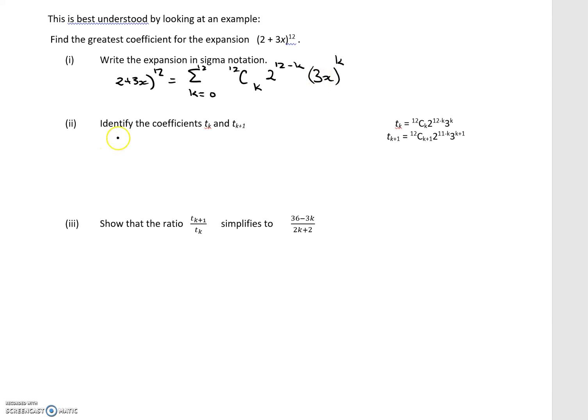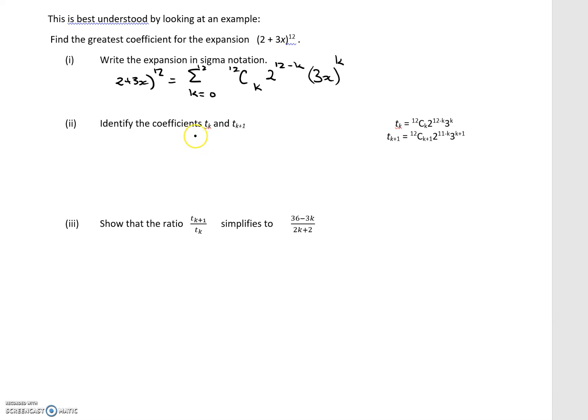Let's move on. Identify the coefficients of tk and tk plus 1. Although we've talked a lot about confusing notation, there's nothing really confusing about this. tk will contain the nCk term.